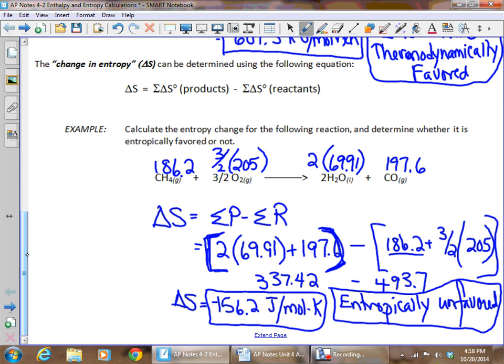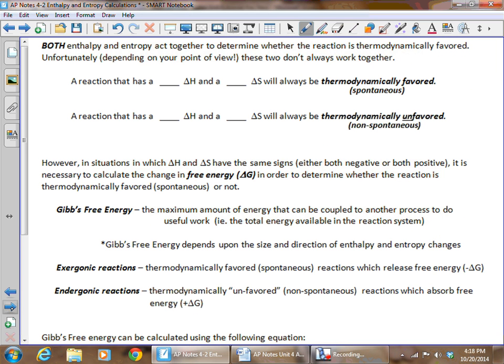So how can we tell whether this reaction is actually going to occur in nature? And it's pretty cool that just with calculations on paper, we can make that determination using these entropy and enthalpy values. Again, both of these act together to determine whether the reaction is going to occur or not, but they don't always work together. A reaction that has a negative delta H and a positive delta S will always be thermodynamically favored.